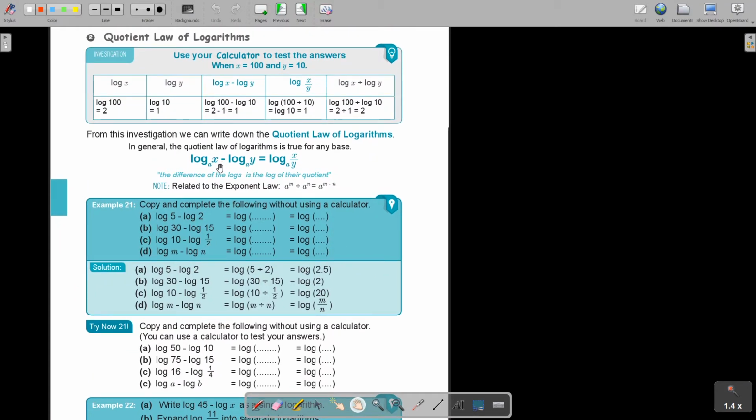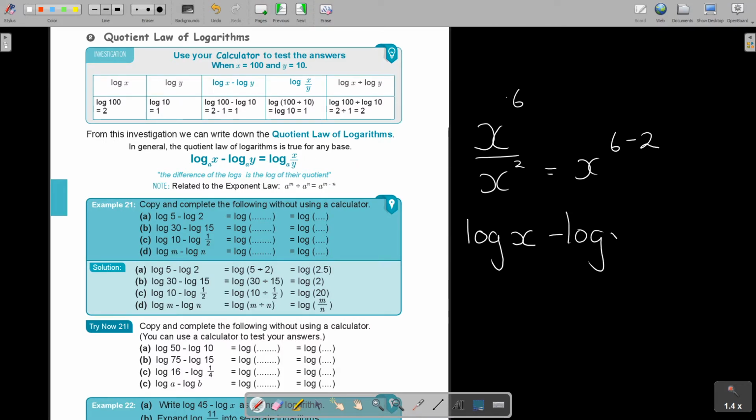Now it's subtraction, but please people, it's coming from indices. So if you have indices and you have x to the 6 and x to the 2, what did you do? When it was division, I said x to the 6 minus 2. So division goes with subtraction, and that's why the law is going to say log x minus log y.